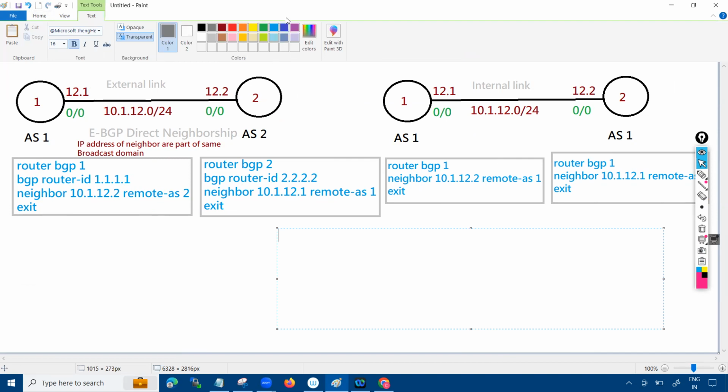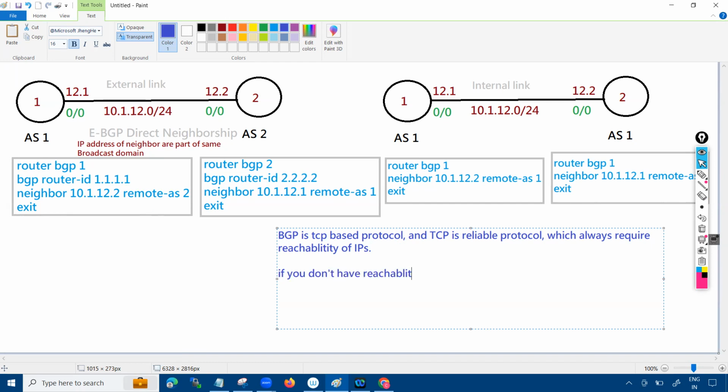BGP is a TCP based protocol, and TCP is a reliable protocol, which always requires reachability of IPs. If you don't have reachability, then BGP neighborship never comes into the picture.